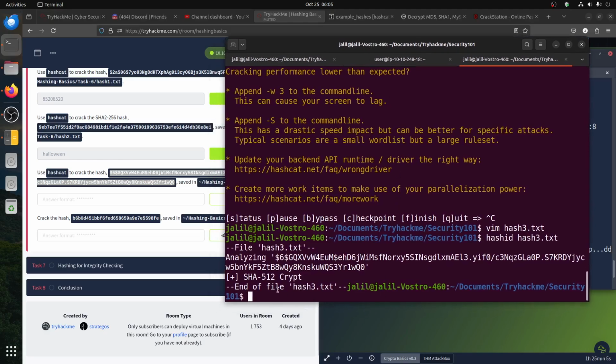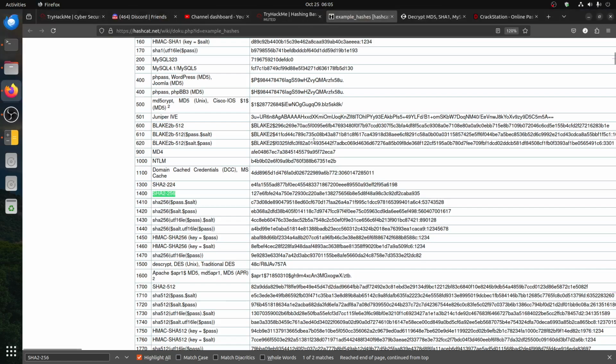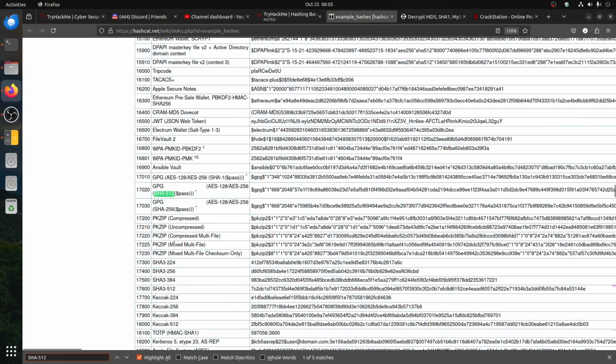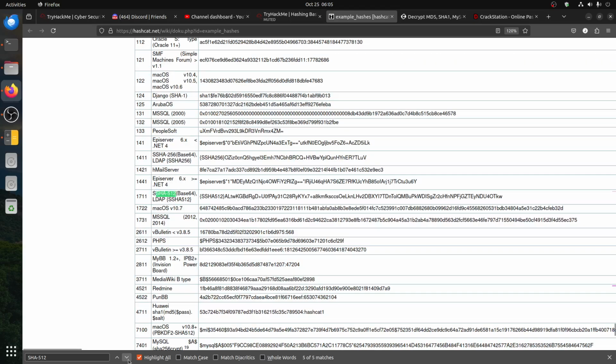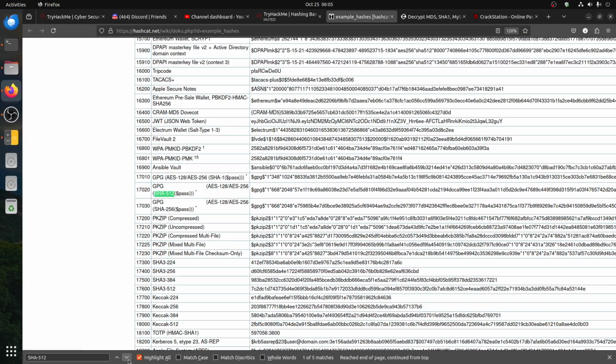It says it's SHA-512 crypt. Okay, so this one is SHA-512 crypt. Let's confirm in the example list. We search for crypt. Where is this crypt now?